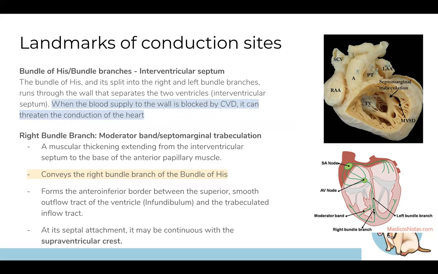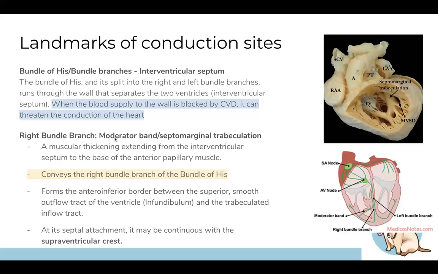So if you have cardiovascular disease and atherosclerosis in those arteries, or you have a heart attack and those arteries are blocked, it can actually threaten the conduction of the heart. That's sometimes why people die from heart attacks, because the tissue dies and then you can't pump your heart.